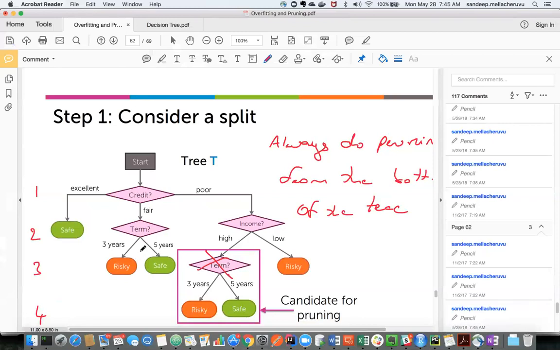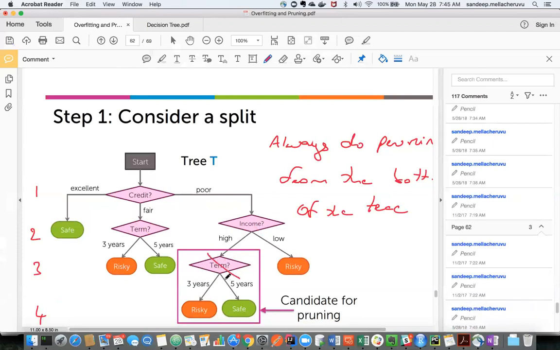Start from one of the ends. Maybe try this one, then this one. Do not try this one before you try this one. Only if you cut down this terminal branch, only then consider this for pruning. So what are the initial candidates for pruning?